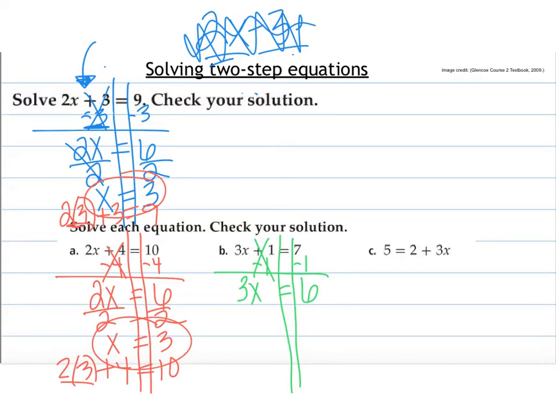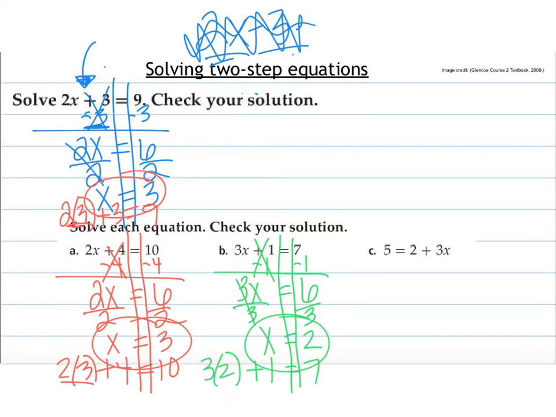Now I look at 3x and I can see x is being multiplied by 3, so I do the opposite. That cancels out. X equals 2. And now I'm going to pull it back into my equation. 3 times 2 is 6, plus 1 does equal 7, so that works.